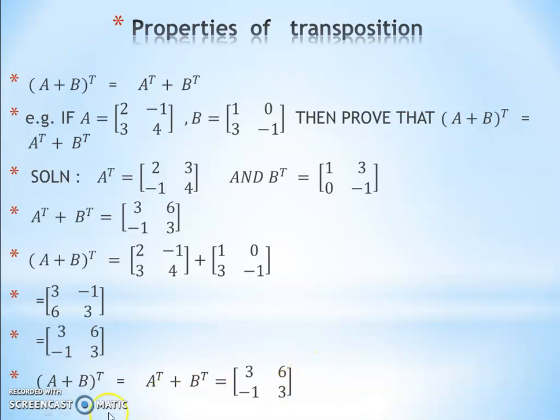So we prove that (A plus B) transpose is equal to A transpose plus B transpose. In this example, we first take the transpose of each matrix by converting rows into columns. In the second step, we add both matrices, then take the transpose and derive the final answer.